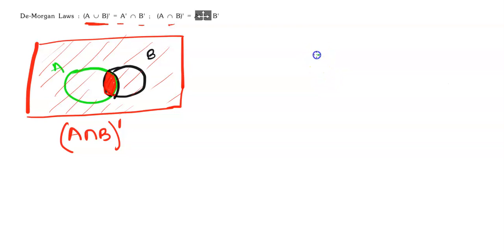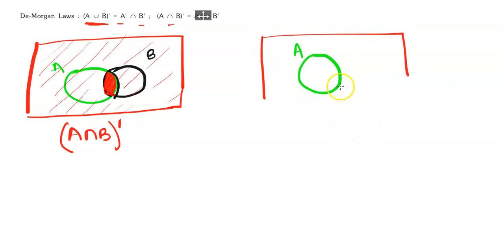Now let's see the other one. You have A, and now it says A complement. Again, there is a universal set. A complement is anything outside A, and union B complement is anything outside B. Anything outside A includes this value, and anything outside B also includes this.